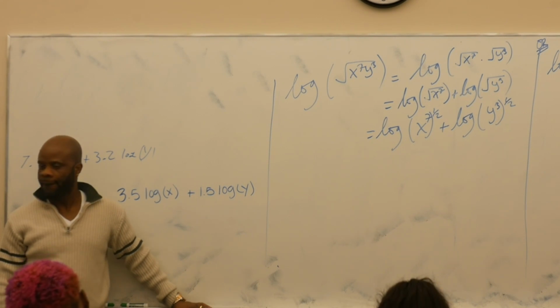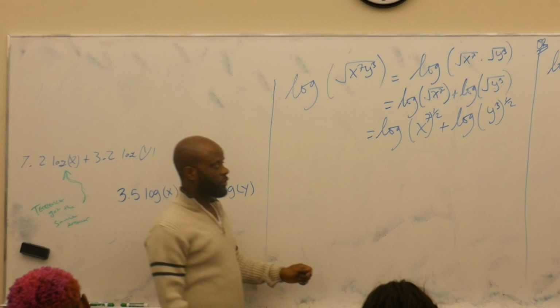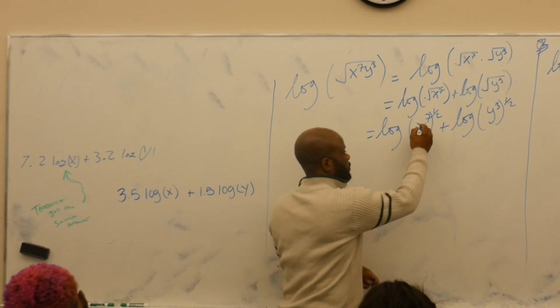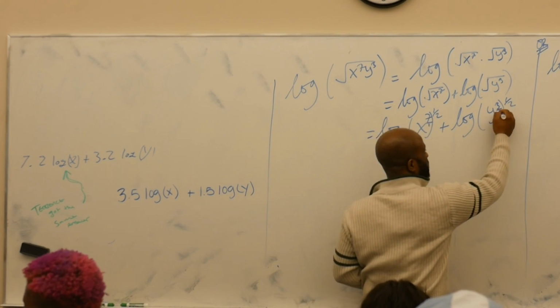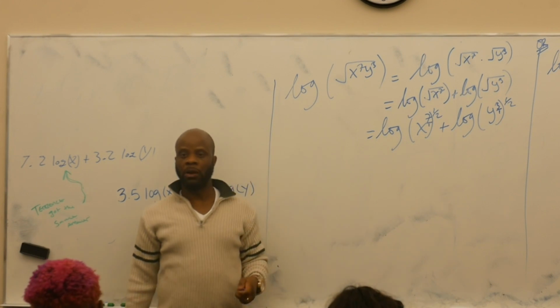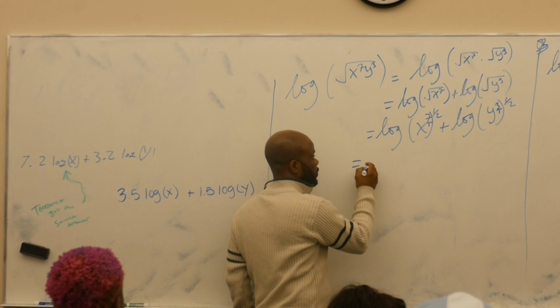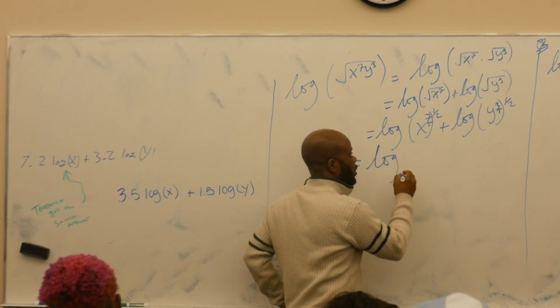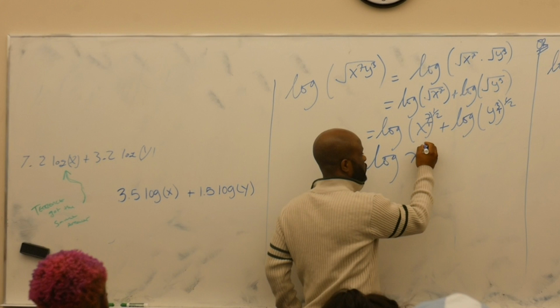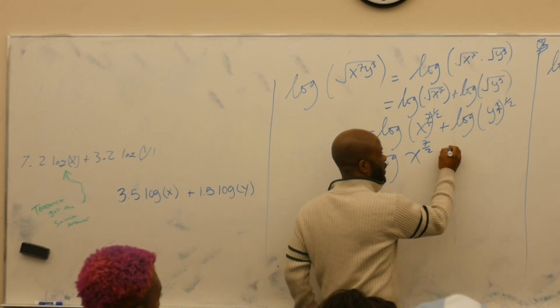So there was a property, first, properties of exponents, power to a power. What do we do? Multiply. So this is the log of x to the 7/2.